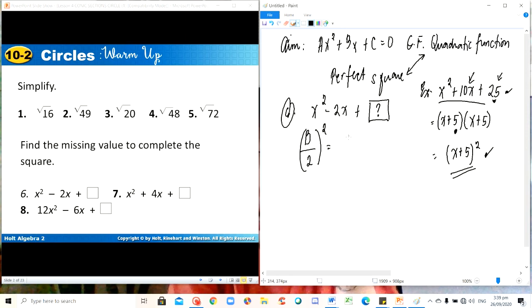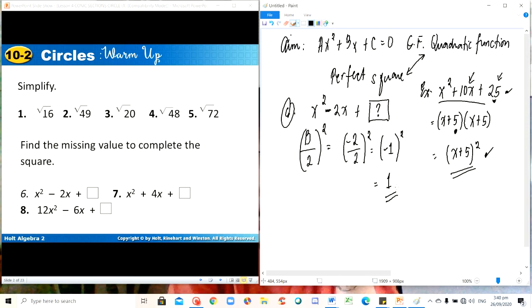Let's see if this works. What is your b? It's negative 2. Don't forget to affix the negative sign. Divided by 2 and then squared. Negative 2 divided by 2 is negative 1, and the square of negative 1 is 1.